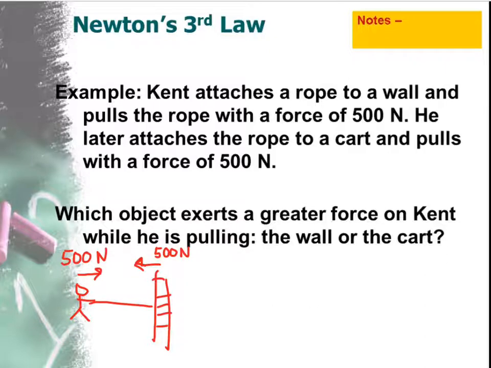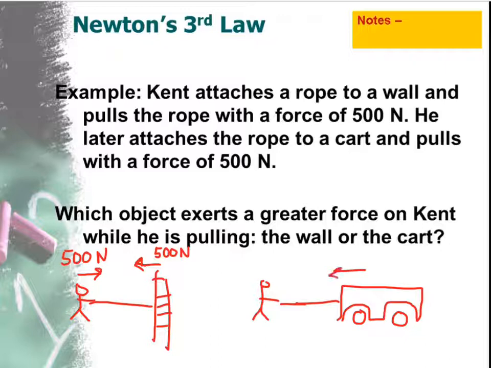Alright, now let's take a little cart. I don't know what carts really look like, but let's say that's a cart. And let's attach it to Kent with a rope. And again, Kent is pulling on the cart with 500 newtons of force.